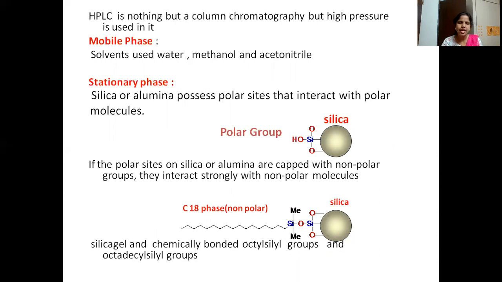So, silica gel with chemically bonded octyl silyl groups and octadecyl silyl groups. This chain is completely non-polar. So to convert silica, which is polar in nature, to a non-polar one, the hydrogen of the OH group has to be replaced by octyl silyl or octadecyl silyl groups. In this way we can convert the polar group to the non-polar group.